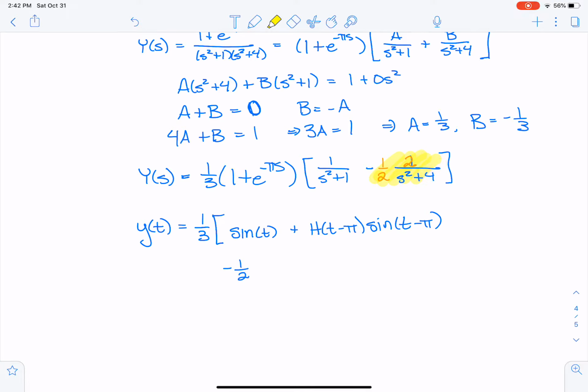And so when I look at 2 over s squared plus 4, that has this kind of form of a over s squared plus a squared. And that is the Laplace transform of sine of at. And so when I take the inverse Laplace transform here, I'm going to get sine of 2t.